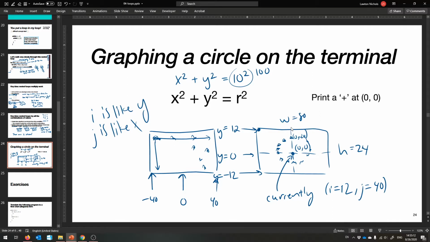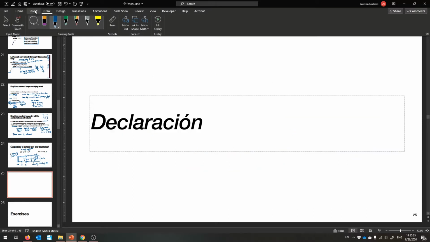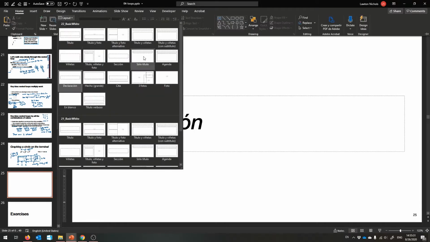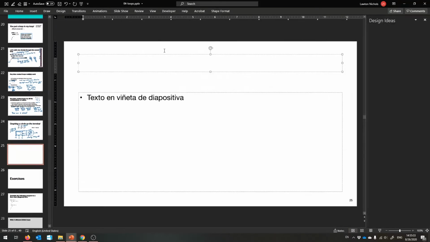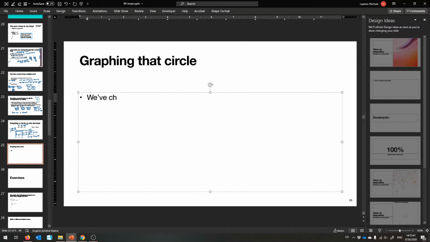So we need to determine whether or not our current coordinate is part of the graph. And you thought algebra would never be useful. So we've chosen the equation x squared plus y squared equals 10 squared to graph.